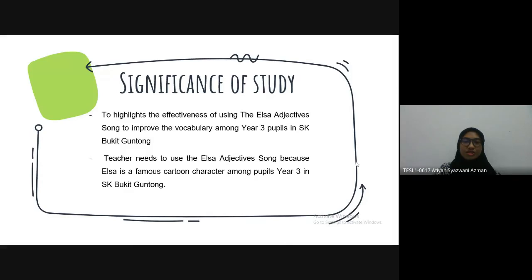The researcher chose Elsa because it is famous. Most of the students in SK Bukit Guntong are familiar with the Elsa song. Thus, it may stimulate pupils' interest to learn English and be able to improve their vocabulary of adjectives.